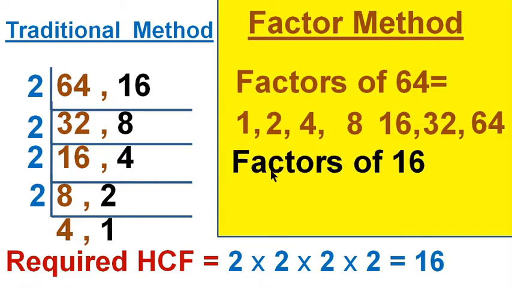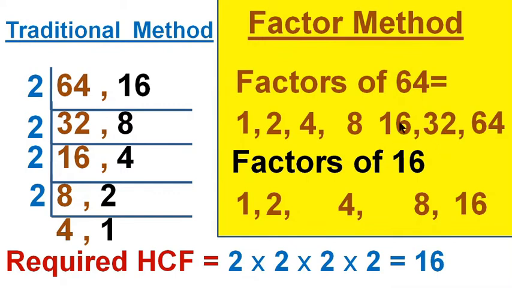And now we will find the factors of 16. We get 1 and 16, and 2 and 8, because 2 eights are 16, and then 4 fours are 16. That means we have got 1, 2, 4, 8 and 16 as the factors of 16.